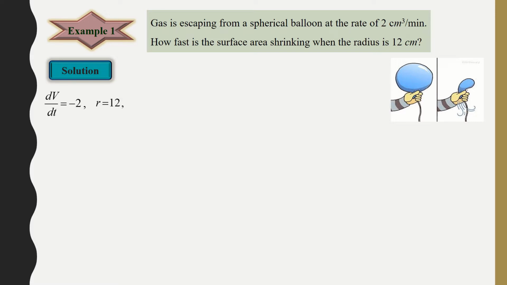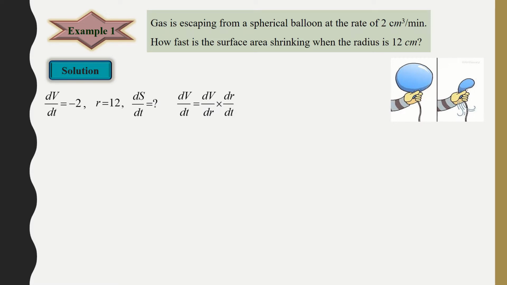The question asks how fast the surface area is shrinking, so we are going to find dS/dt, since surface area is S. So dV/dt is dV/dr multiplied by dr/dt. The volume of a spherical balloon is 4/3 πr³, so we can find dV/dr.